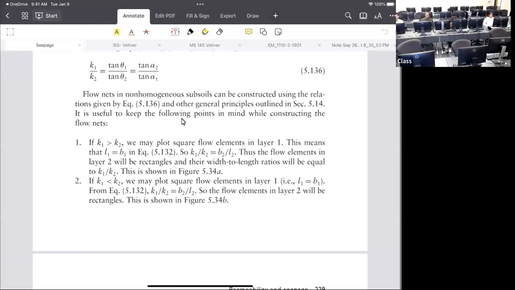Either you need to use GeoStudio, RocScience, or any other software, or maybe Plaxis. Plaxis will not give you the flow net. You cannot get a flow net in Plaxis. But you can do it in SEEP/W. In SEEP/W or RocScience, like Slide, you can get it.